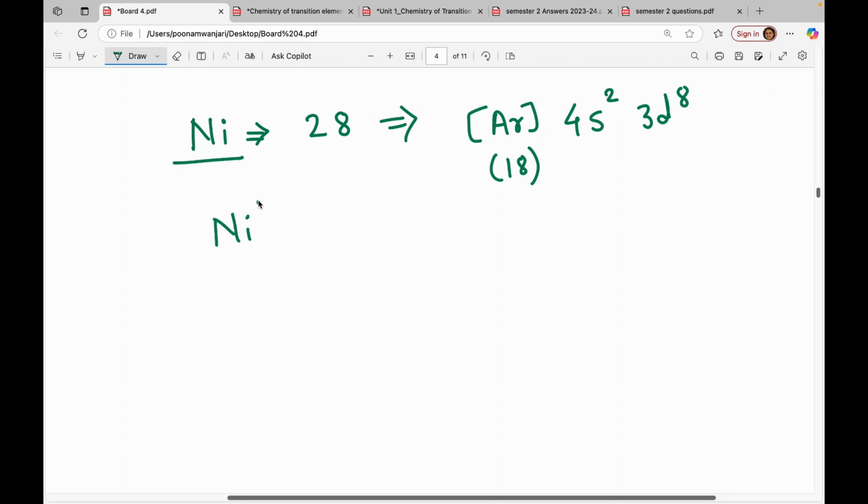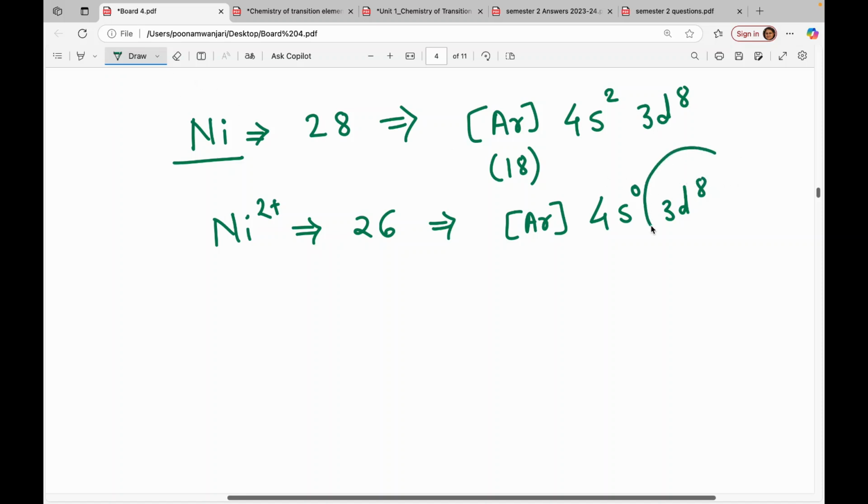After forming the 2+ ion, the number of electrons is 26, and the electronic configuration will be argon core 4s0 3d8. That means students, 3d has 8 electrons, so it has an incomplete d orbital, and this is the reason nickel is a d transition element.